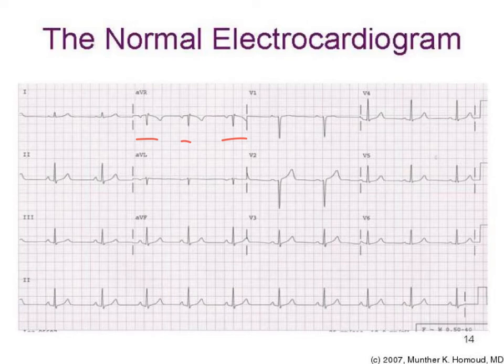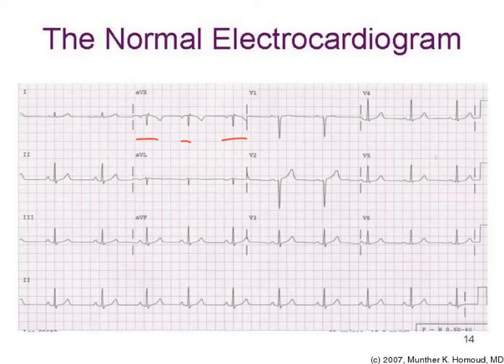So we try to emphasize that people get used to what a normal ECG looks like, so that when there is a change from the normal electrical activity, you'll be able to pick it up and interpret abnormal findings in patients.